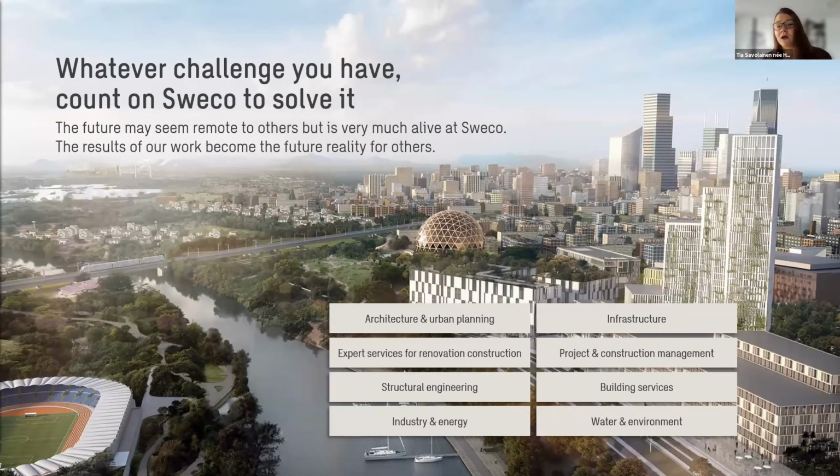Here you can see our main areas of expertise. They are architecture and urban planning, expert services for renovation and construction, structural engineering, industry and energy, infrastructure, project and construction management, building services, and water and environment, which I'm representing here.